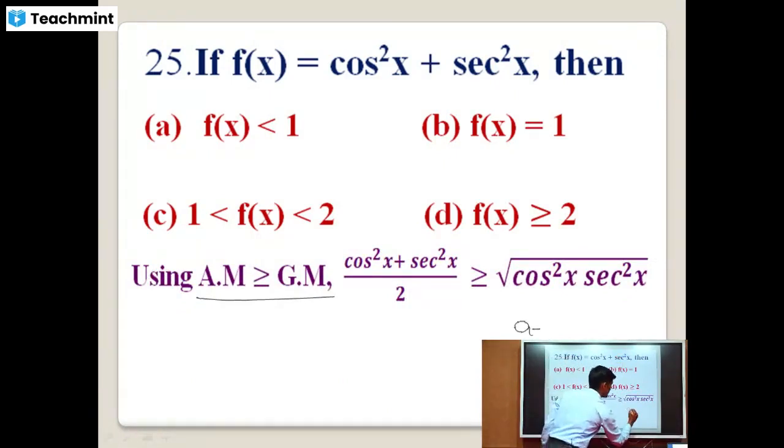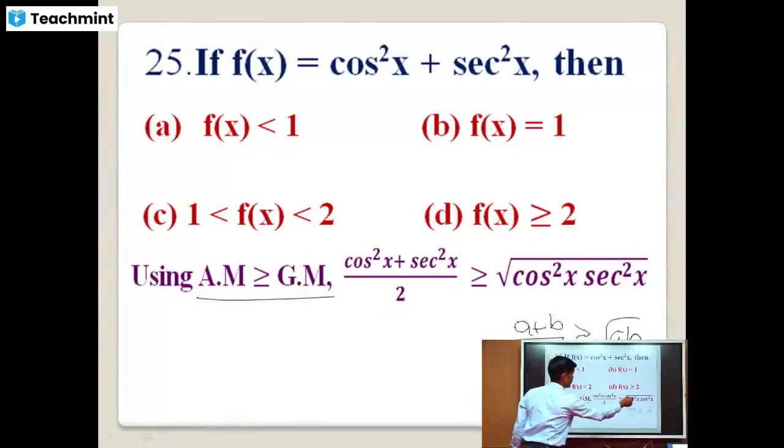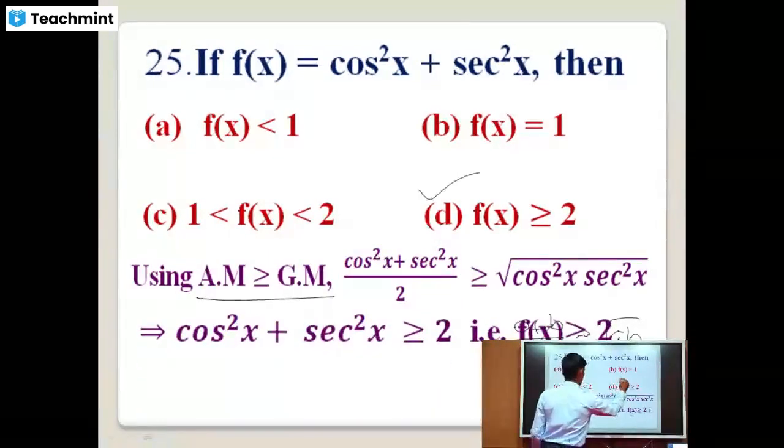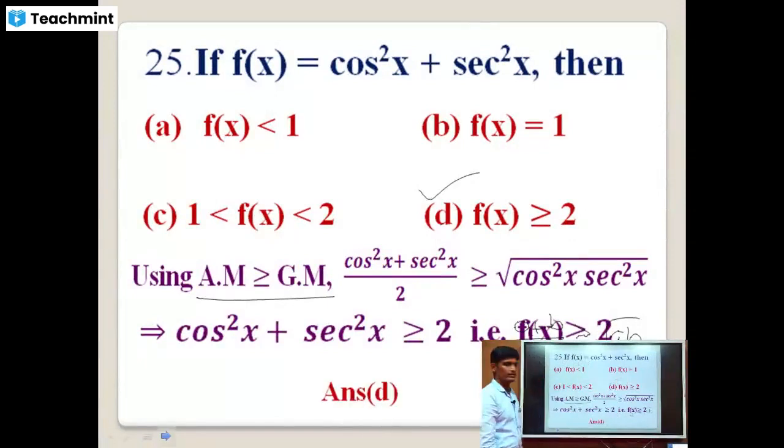So here cos square x into secant square x is 1, therefore this is greater than or equal to 1. Cos square x plus secant square x is greater than or equal to 2. So f of x is greater than or equal to 2. Answer D. D is the right answer.